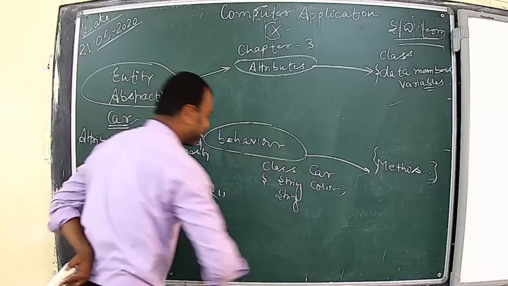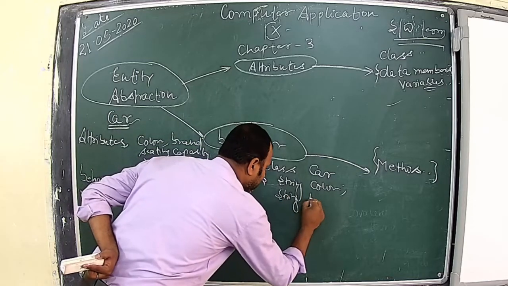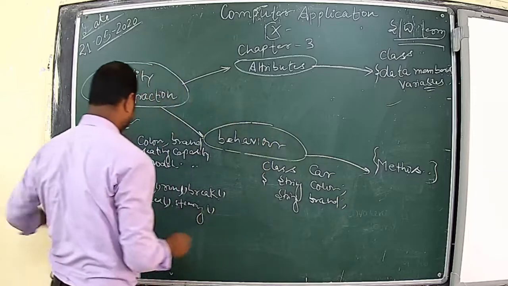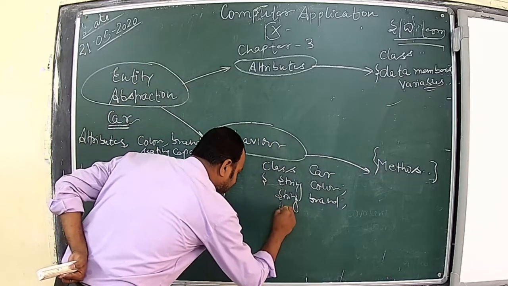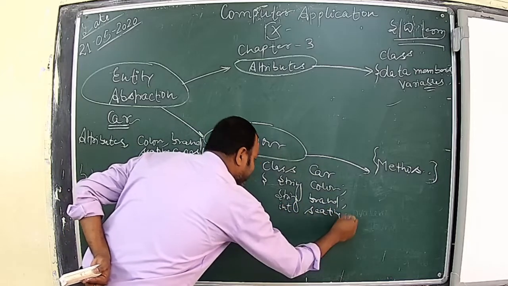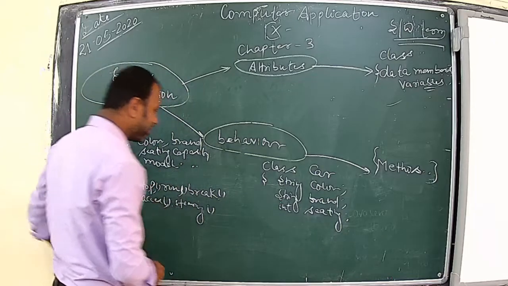So string brand. Then sitting maybe a number, so int sitting capacity, the capacity of this car.